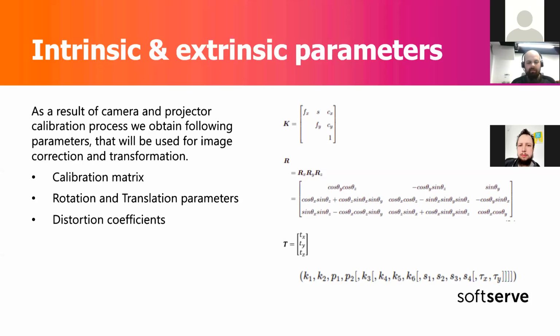At first, during the calibration, we take only the ideal model, which is described by pinhole, and then from there we can estimate the distortion coefficients. So we can undistort our images after we acquire them, and also we can make some transformation for the images that we are projecting, because the projector also has a lens system which will introduce some distortions.